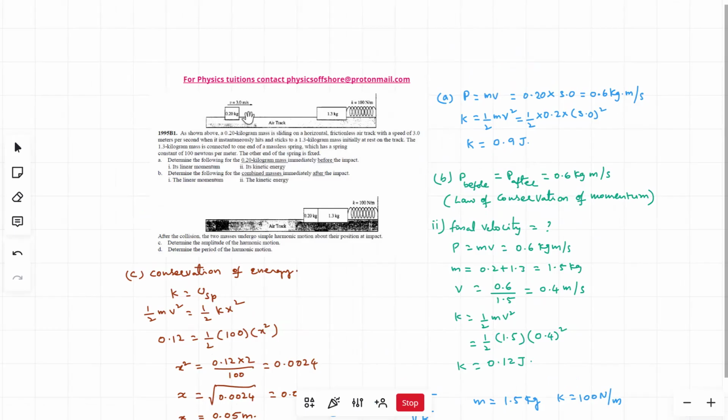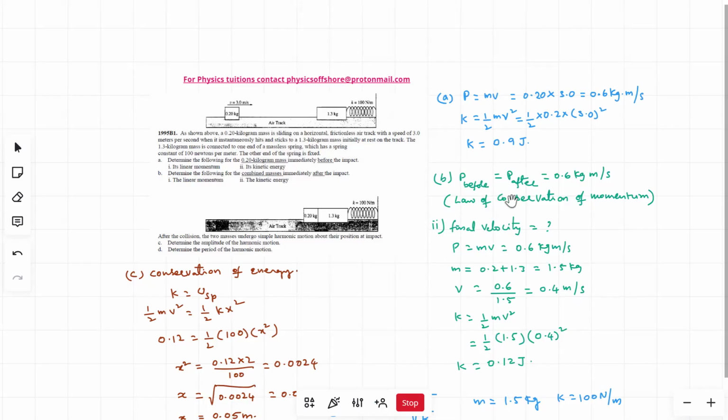Next, the block hits another block of mass 1.3 kilograms. We have to find the momentum and the kinetic energy of both the blocks. The first block hits the second block and sticks to it, so we find the momentum and kinetic energy of the combined system.